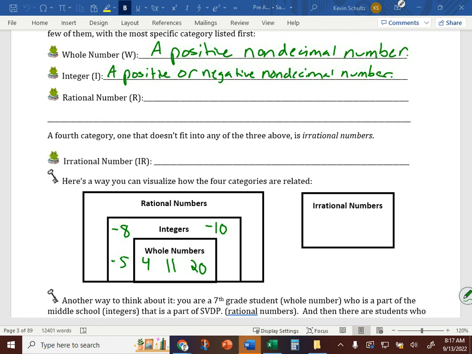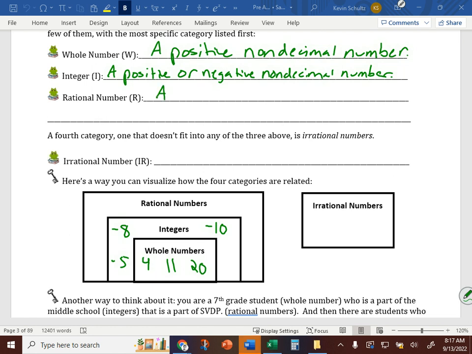How about a rational number? This is a pretty big set, okay? You can see it's the largest rectangle that I have down here. Rationals include integers, they include wholes, so they can be positive, they can be negative, they can also be decimals or fractions.